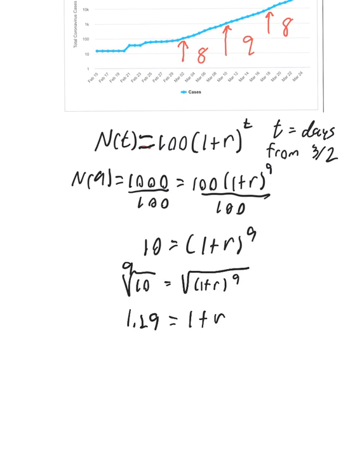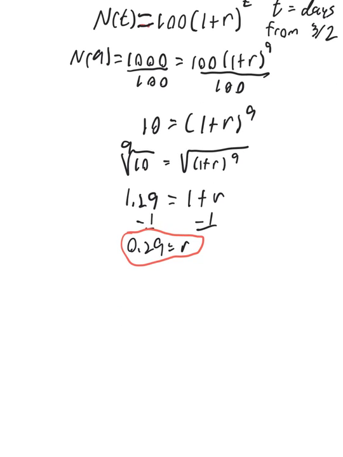And so, subtracting 1 from both sides, we get 0.29 as r. So what does that mean? This is telling us that the number of cases in the United States is growing at about 29% per day. Every day we have 29% more cases than we had the day before.